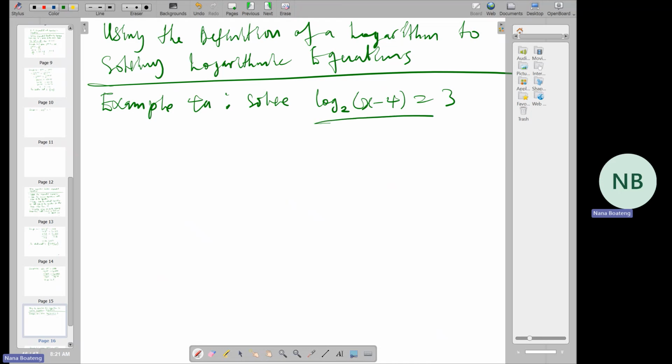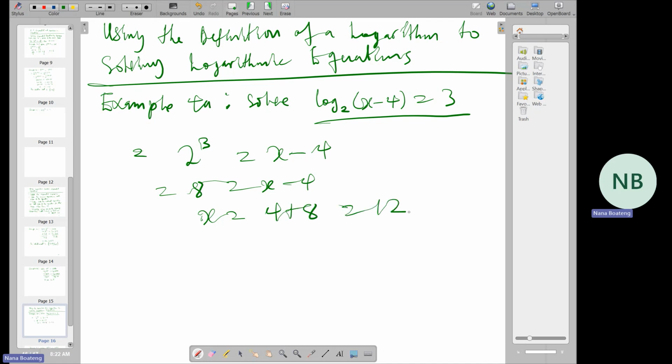So by the definition of logarithms, this expression here is equivalent to 2 power 3 is equal to x minus 4. So 2 power 3 is 8, so 8 is equal to x minus 4. And if we add 4 on both sides, we get x is equal to 4 plus 8, which is 12.